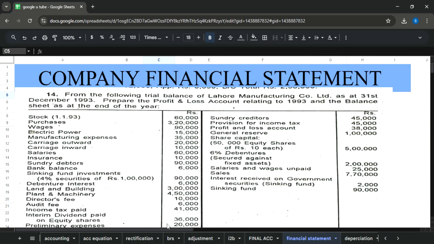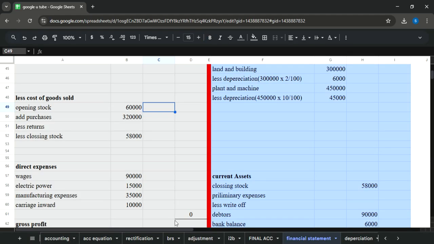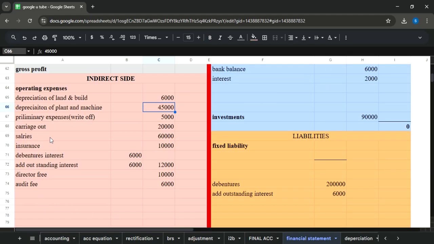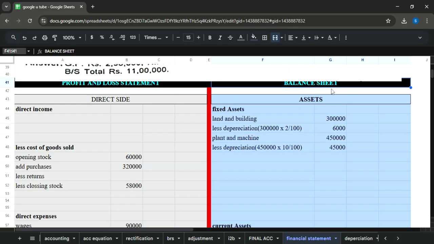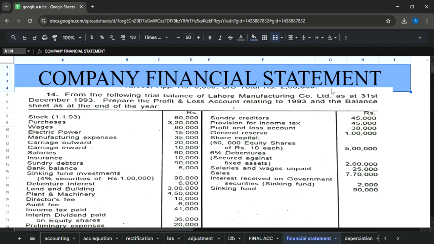After that we have preliminary expenses 20,000. Look at here, preliminary expenses are already mentioned over here. So you will go to asset side. Here preliminary expenses are already written. Now mention how much total amount of preliminary expenses, 20,000 is mentioned.